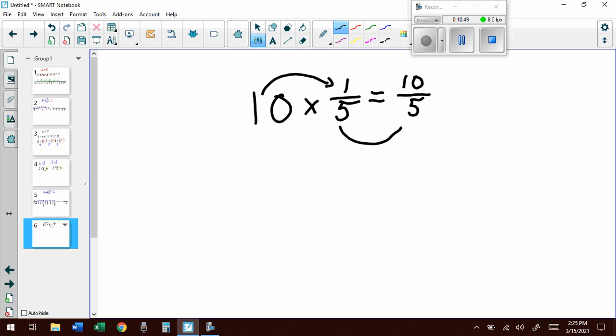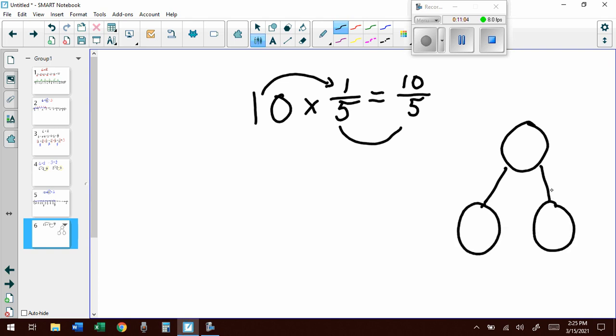Now, when we show it like this, we see an improper fraction, and we need to change that to either a mixed number or just a whole number. And we're going to do that through the use of a number bond. 10/5. So we could go about it like 9/5 plus 1/5.